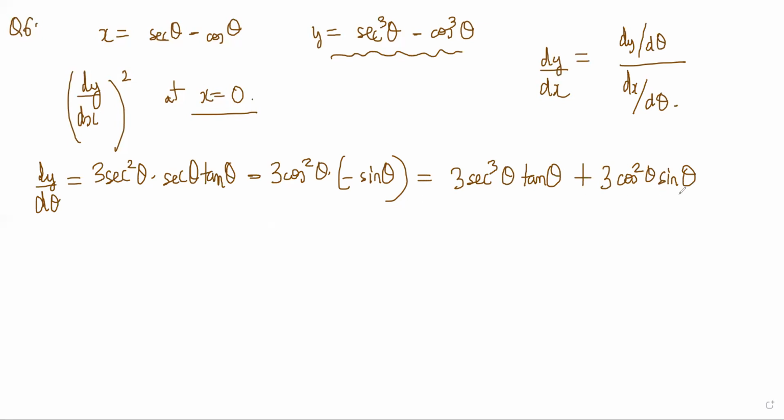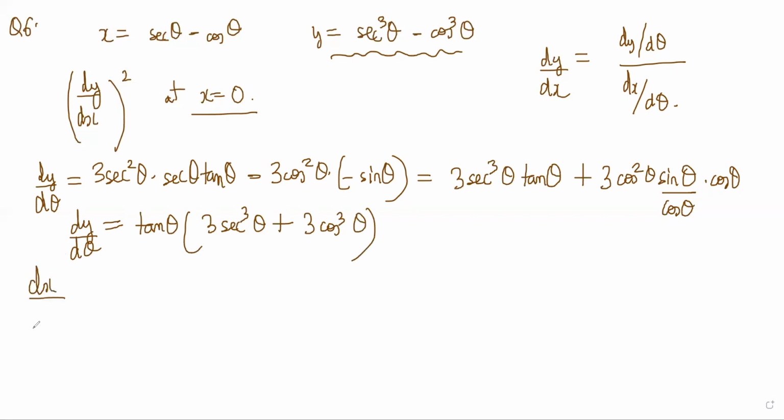Here actually if I write a by cos theta into cos theta, I will get a tan theta here also. So what I can say is dy by d theta is actually equal to tan theta common, and it is 3 sec cube theta plus 3 cos cube theta.